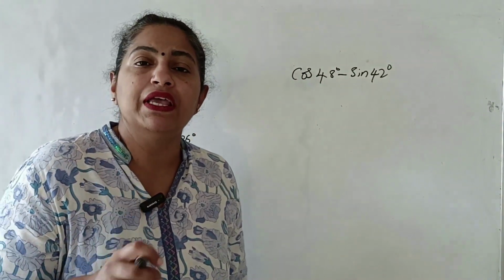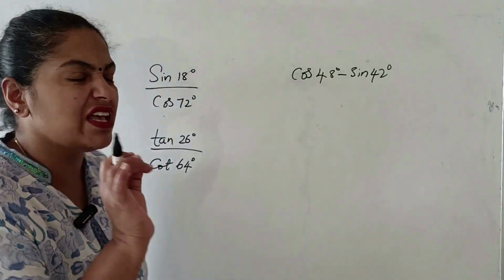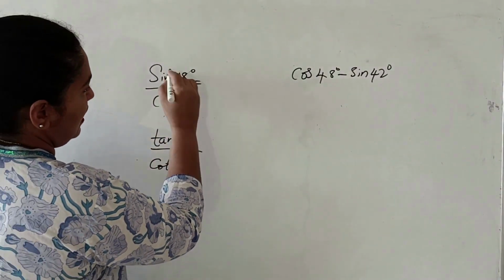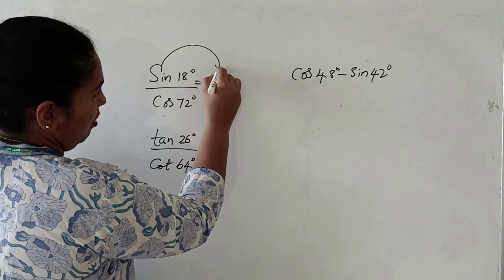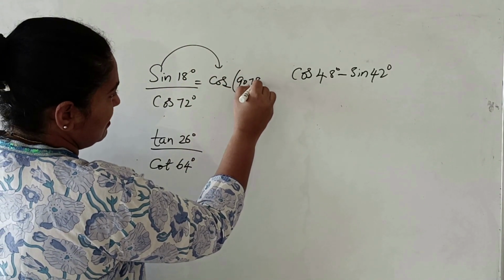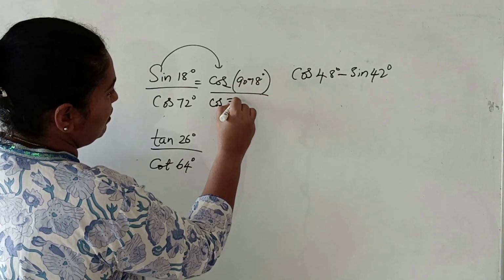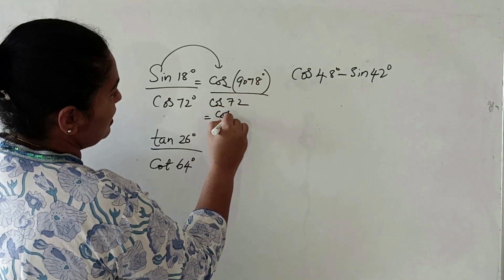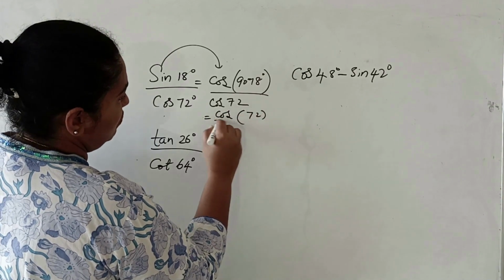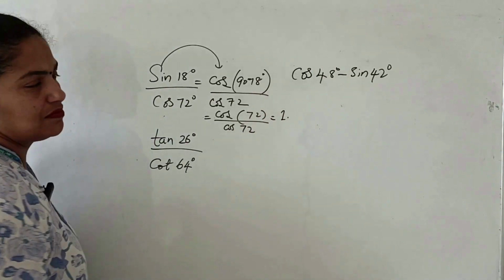I am going to apply the complementary angle idea to only the numerator, which is sin 18. Sin 18 I can write as cos of 90 minus 18, divided by cos 72. What is cos 90 minus 18? It is cos 72 divided by cos 72, thus giving me a 1.